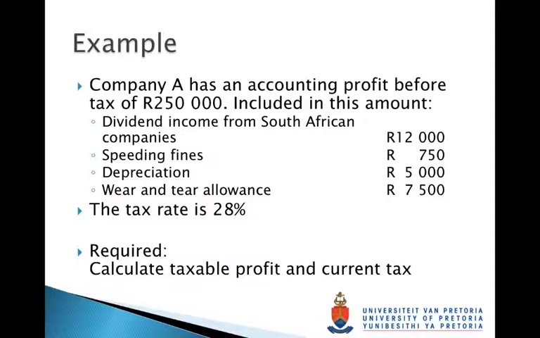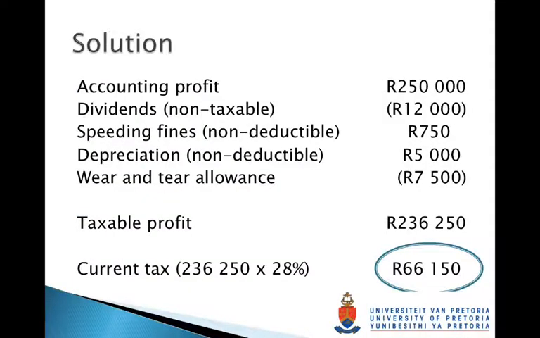Then, as I've told you, you first start with the accounting profit of 250,000, then you deduct the non-taxable income, and in this case it is dividends, so you deduct the 12,000 Rand. Then you add back the speeding fines because they are non-deductible.